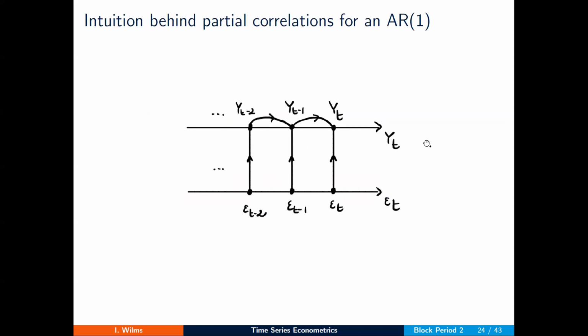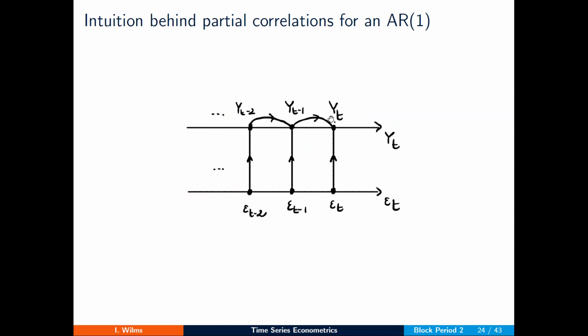To get a better grasp of these partial correlations for the AR(1) process, let's have a look at this figure. At the top, I visualize the time series process Y_t. At the bottom, the error process epsilon_t. Now, keep the model equation of an AR(1) model in mind.